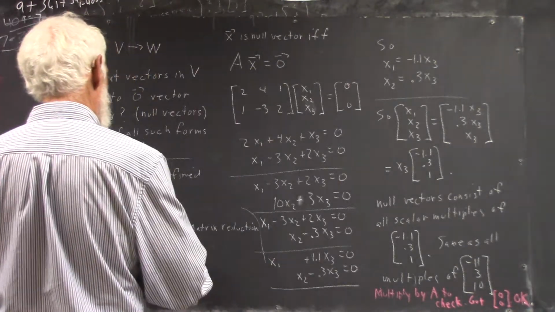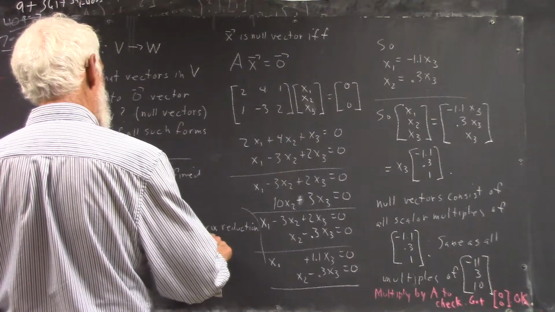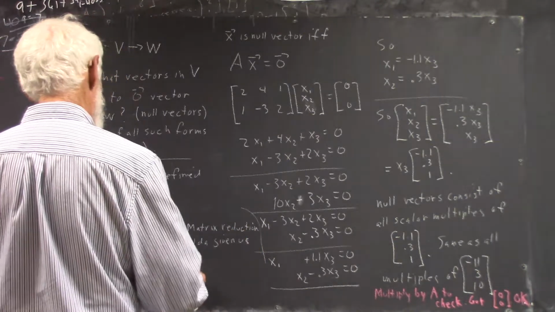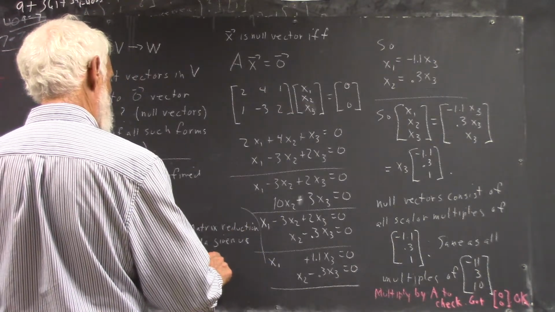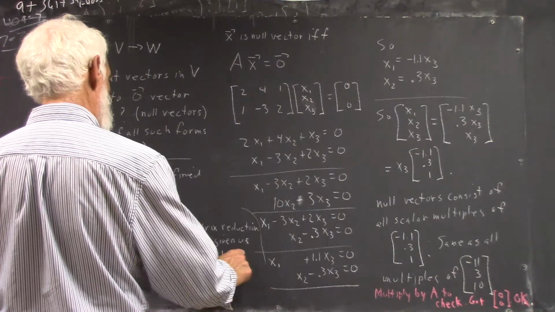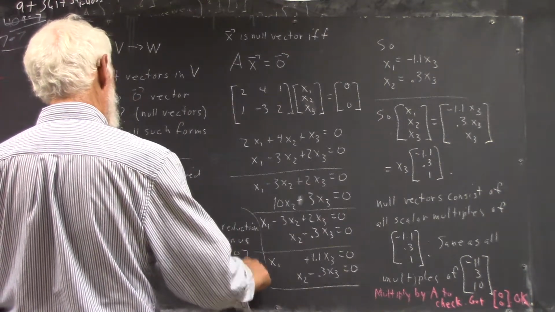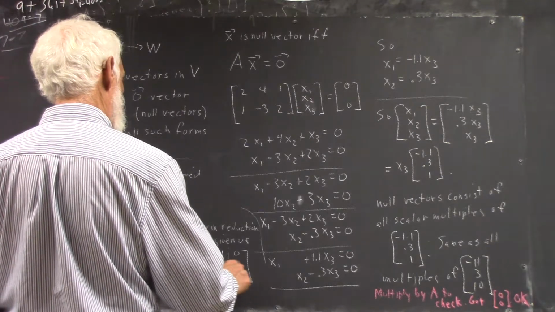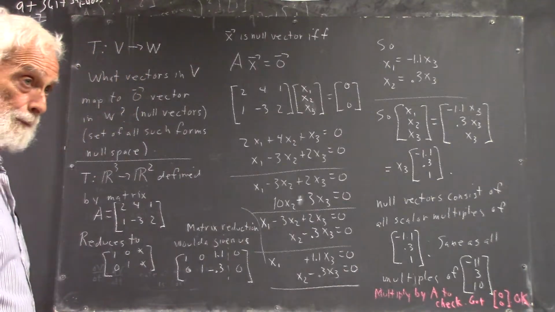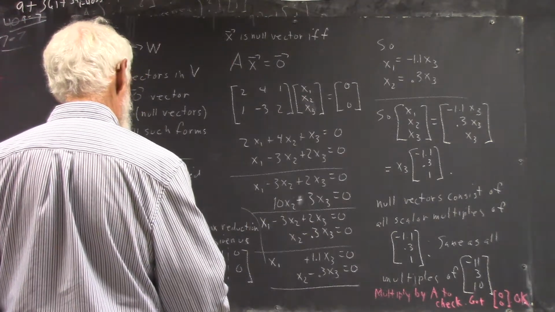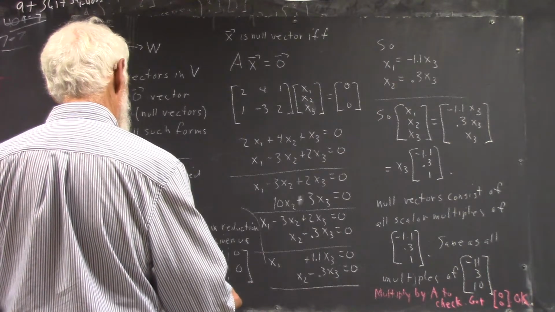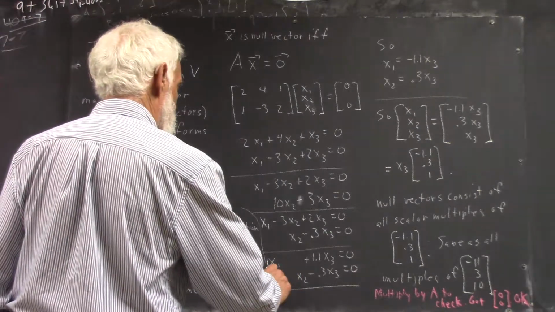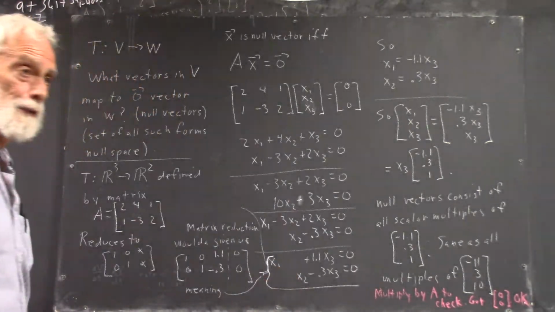So matrix reduction would have given us, right, meaning, just to remind you, because we've done a lot of stuff, meaning just the same thing we got from doing the simultaneous equations.